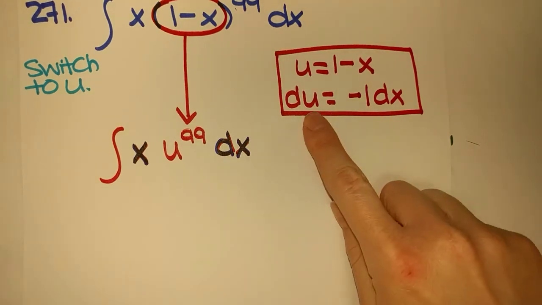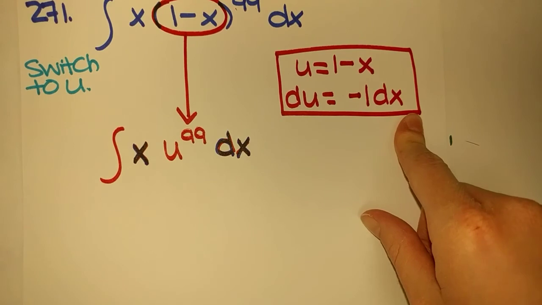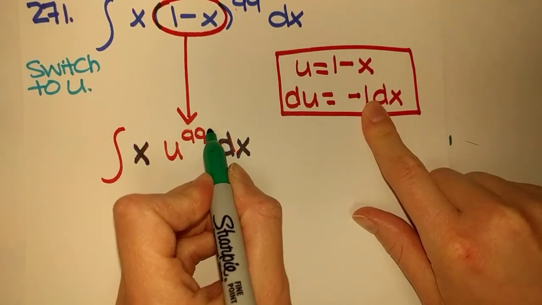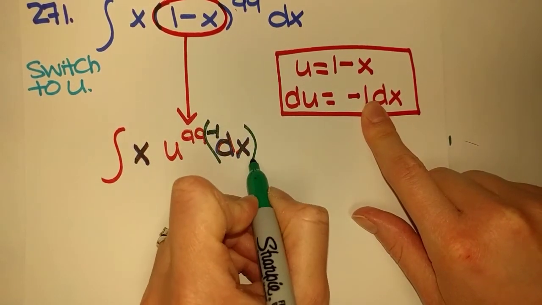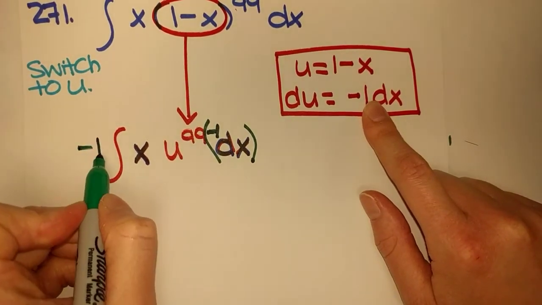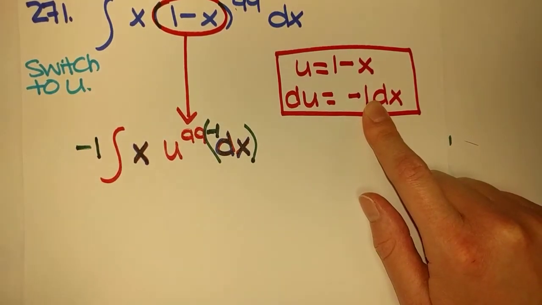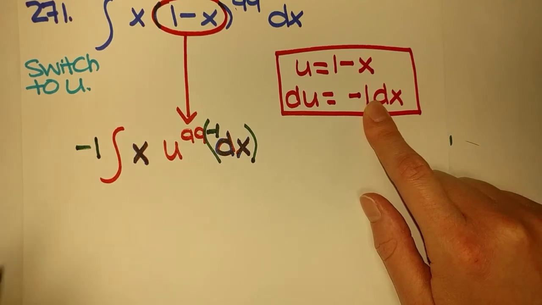So let's start with our du. Okay, so the du is defined as negative dx. So to get du, I will need to multiply in by a negative 1. And of course, if I multiply in by a negative 1, I've got to balance that out by multiplying or dividing by a negative. So that overall, what we have is a negative times a negative, so we get a positive, our original integral.